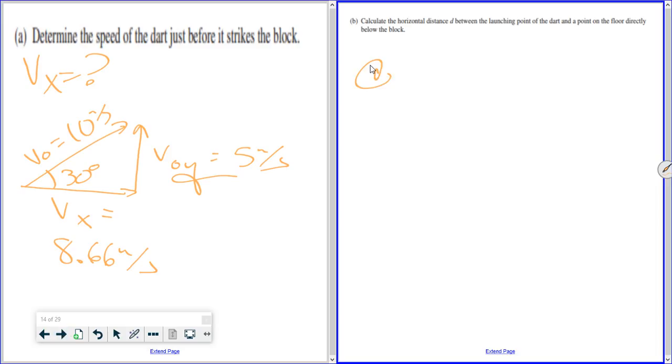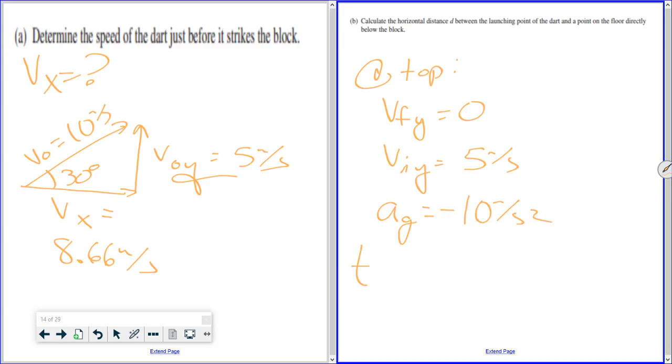Good. So at the top, here's what we know. Our Vfy is 0. We already figured out our Viy was 5 meters a second. Since 5 is easily divisible by 10, I'm going to use acceleration of gravity to be negative 10 meters a second squared and find my time.